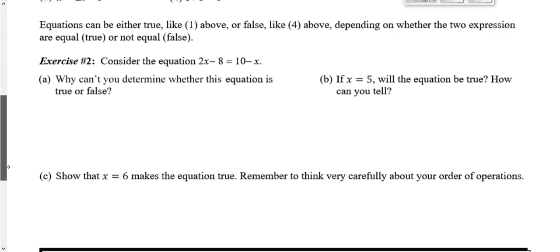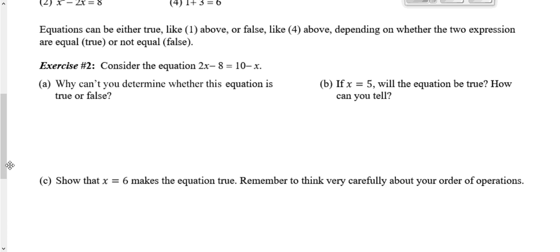What do they got going on down here? So consider the equation 2x minus 8 equals 10 minus x. Why can't you determine whether this equation is true or false? What makes an equation true? You need to know the value, right?